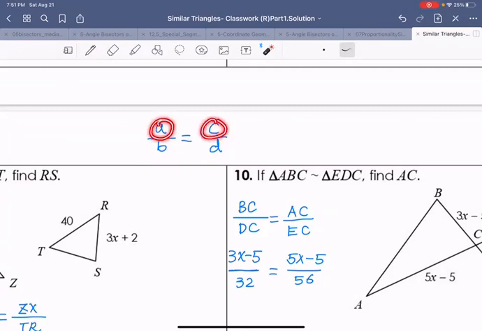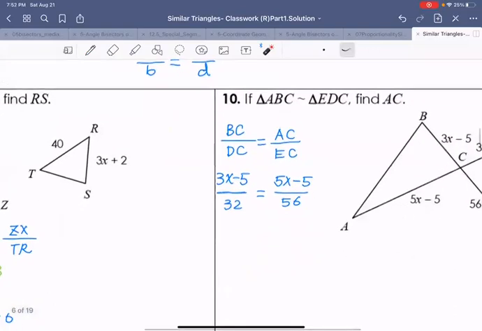Last one, if the two on top can be simplified, you can simplify there. But please don't make the mistake of simplifying from here to here. That's wrong, because A times D equals B times C. If you simplify between these two numbers, you will have trouble. You can only simplify on the same side, either on the left or on the right, or on the top or on the bottom. Does this make sense?